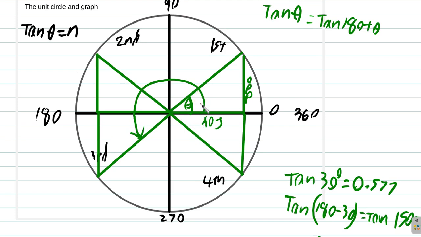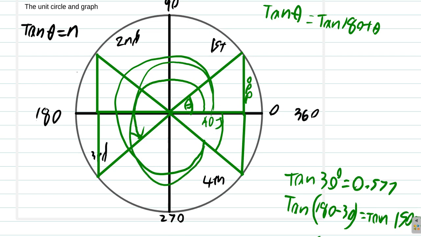But remember, positive angles are measured in an anti-clockwise direction. So the angle that we're really finding here for the 330 is this. If you go this way, it would be a negative 30, but this way is a positive 330.